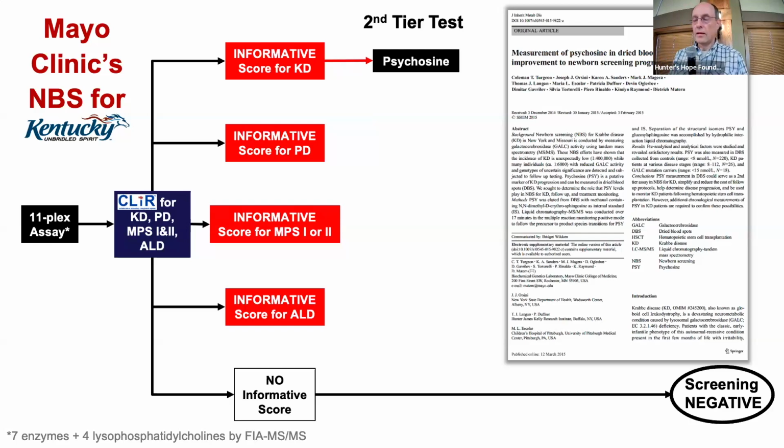And he said no. Not because he's a bad guy, he's not, but because he didn't have the assay in his lab anymore. So he couldn't do it, but he said he would help me if I wanted to bring it up. I said, let's do that. So we worked together, including Mike Gelb and others, and brought up the first version of the assay to use as a second-tier test.